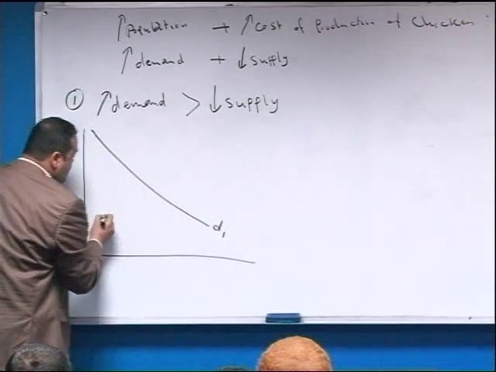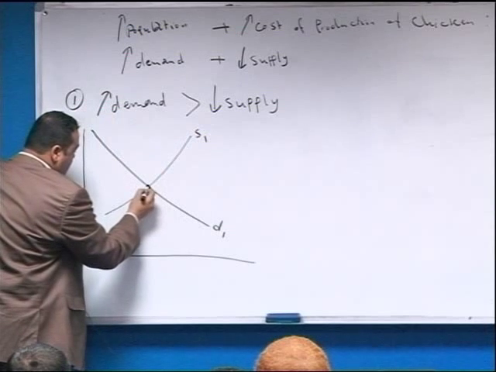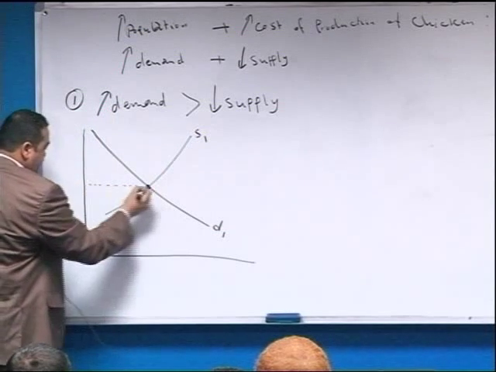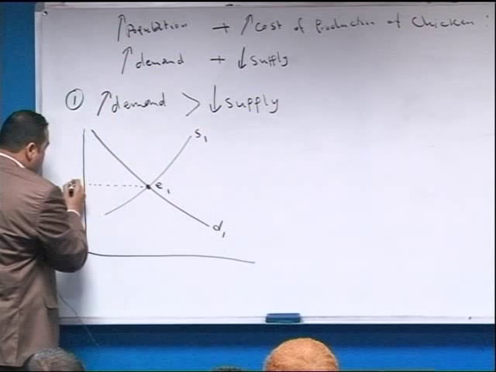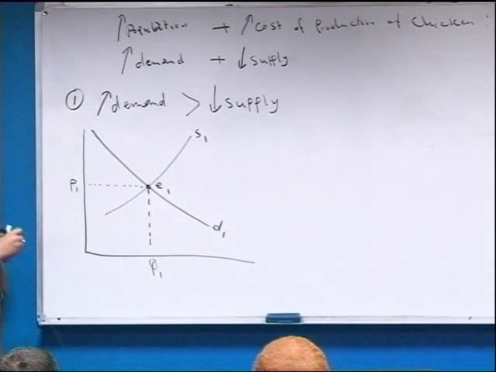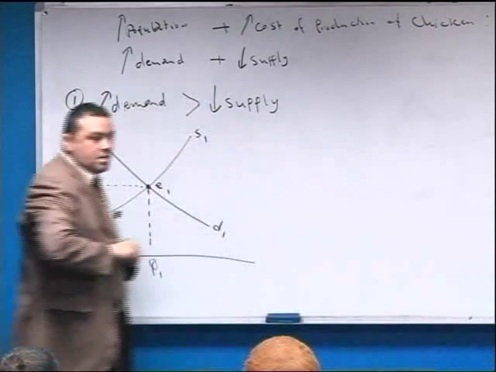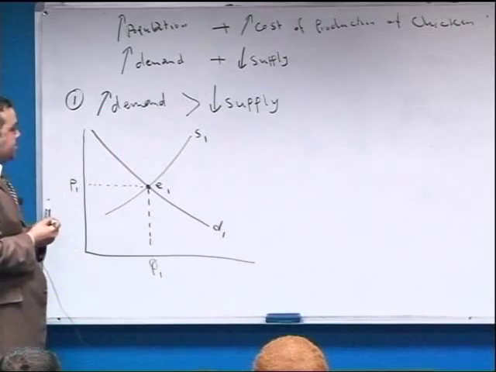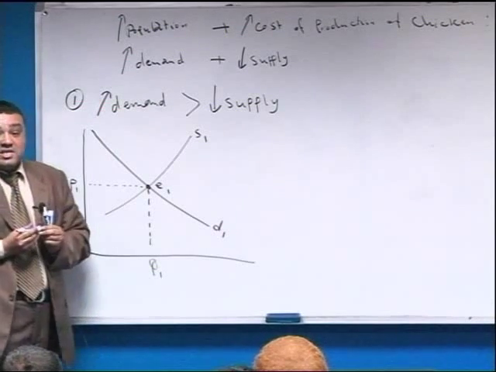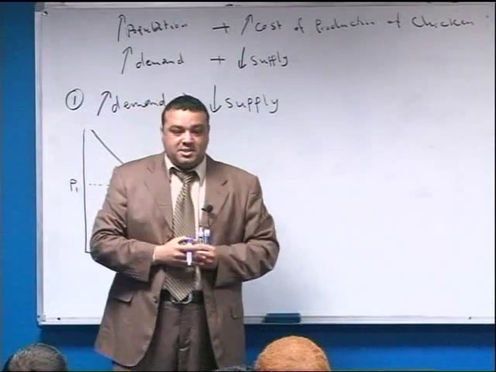This is the origin point: D1, S1, and this is the original equilibrium point, E1, price P1, Q1. The assumption is the increase in demand is larger than the decline in supply.